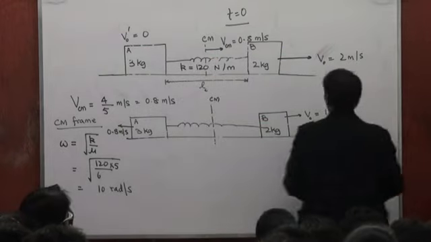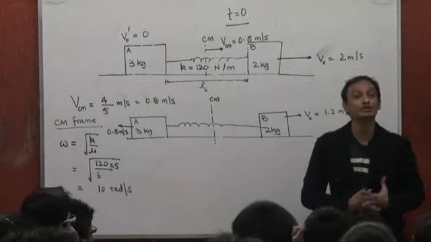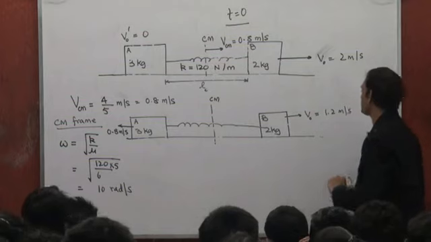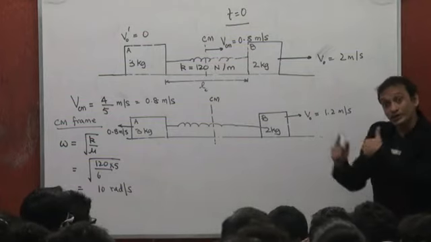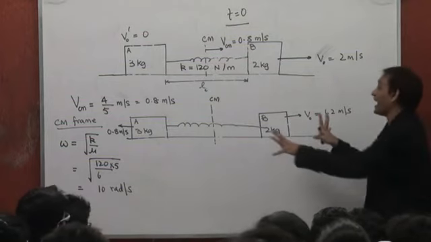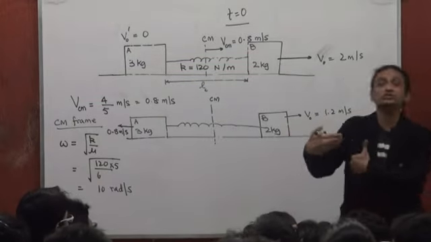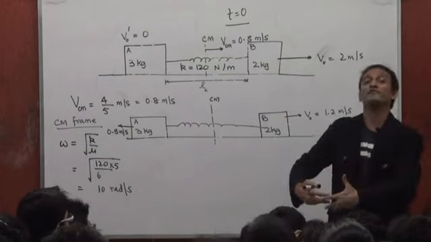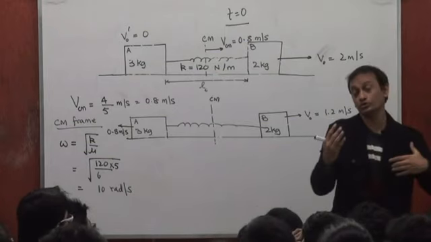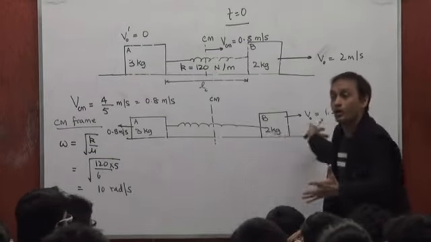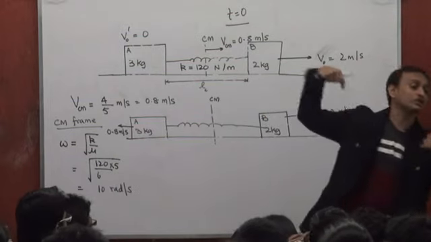Now, what's the amplitude in the center of mass frame? Very good. So then the amplitude in the center of mass frame could also be computed because I have knowledge of the total energy of the system in the center of mass frame. There is no reason that will prevent me from calculating the amplitudes of the oscillations of A and B in the center of mass frame.